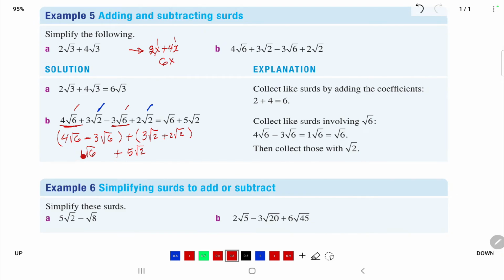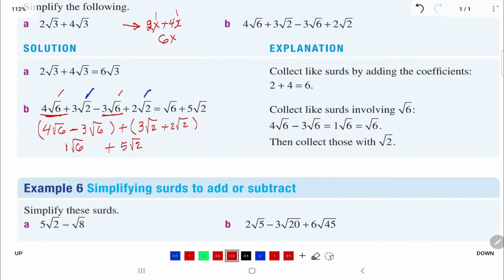This 1 is usually omitted because it does not mean anything, so we can write it as the square root of 6 plus 5 square root of 2. You see, this is the final result. So it has been done this way.